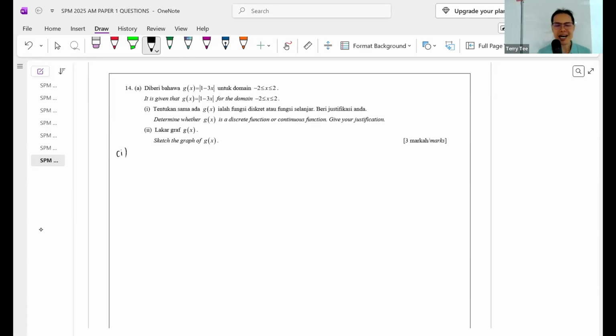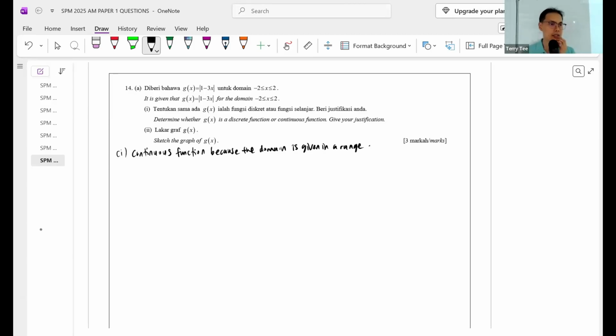So the question is, how far should I explain this? Because it's only 1 mark, you see. So your answer is continuous. If you want a simple, short explanation, I would say because the domain is given in a range.